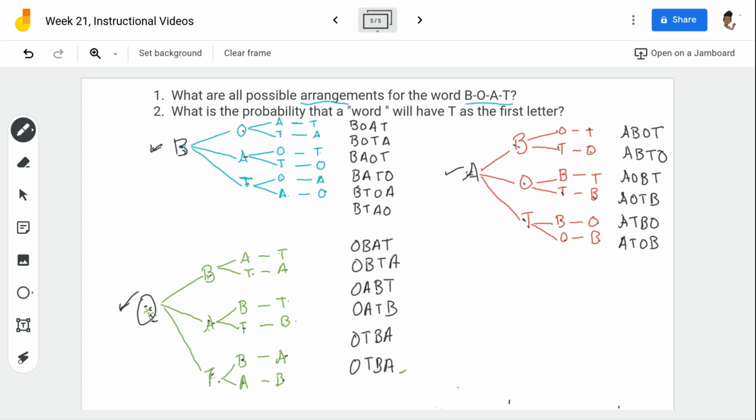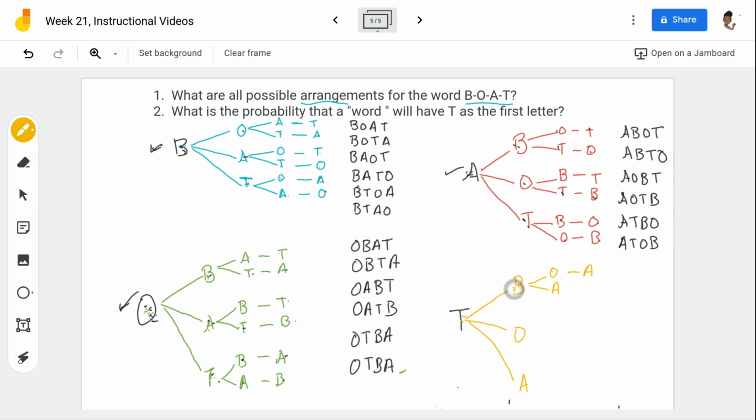So we need to think about what's going to happen if we begin our fictitious words with the letter T. So if I begin my words with the letter T, then I have remaining the letters B, O, and A. Well, if I use a T and a B, then I have remaining the letters O and A. And if I use TBO, then an A remains.